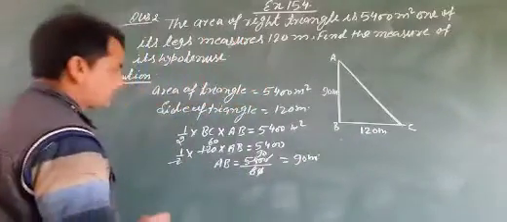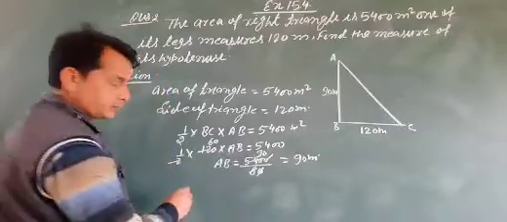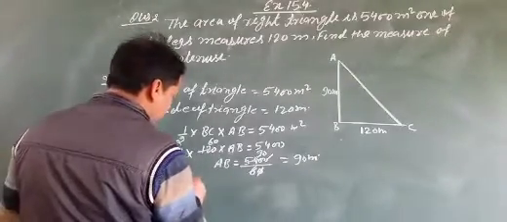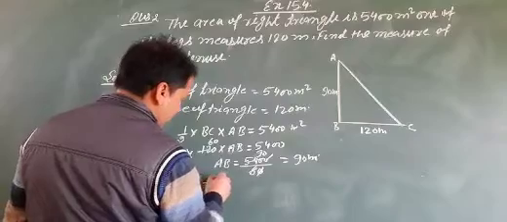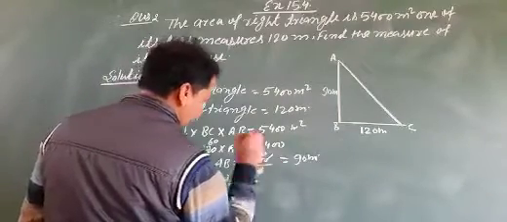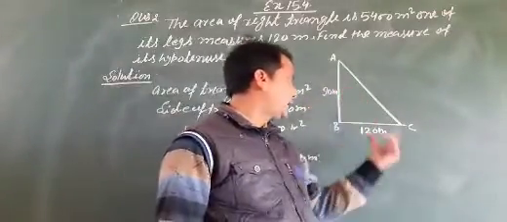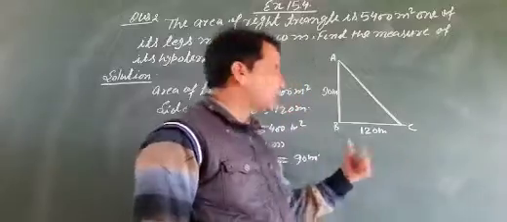So AC square equals AB square plus BC square, where AB is your perpendicular height and BC is base.